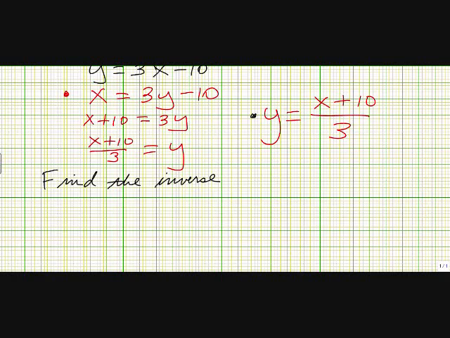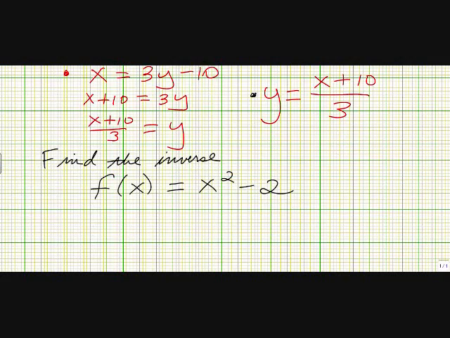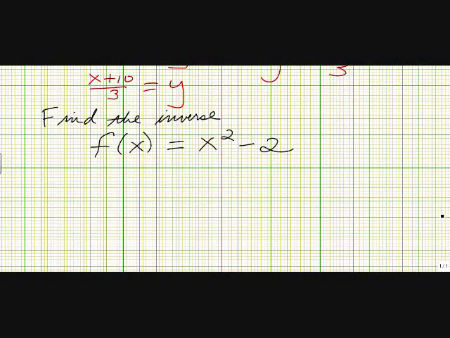Okay, then let's find the inverse of f of x equals x squared minus 2. Sorry, just keep this consistent here. All right, so I want to exchange the x for the y, but I don't have a y.